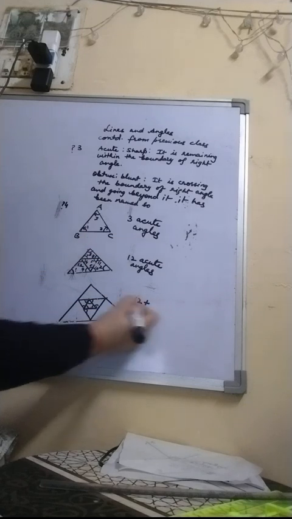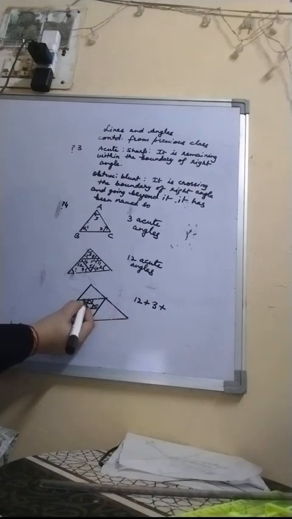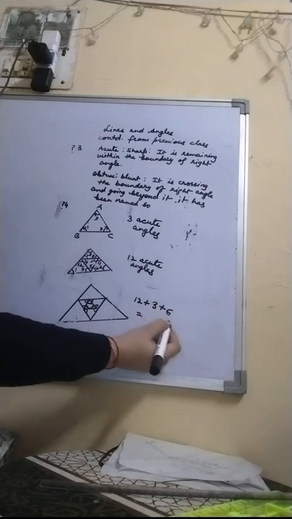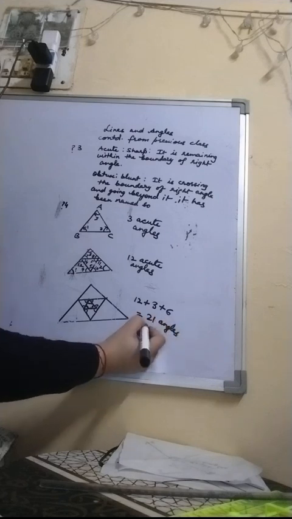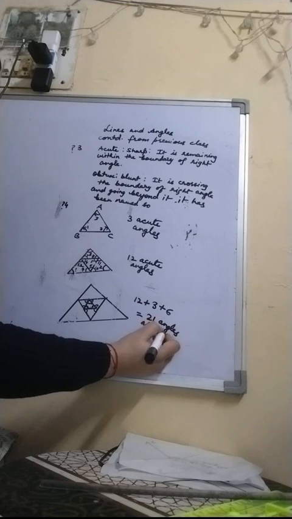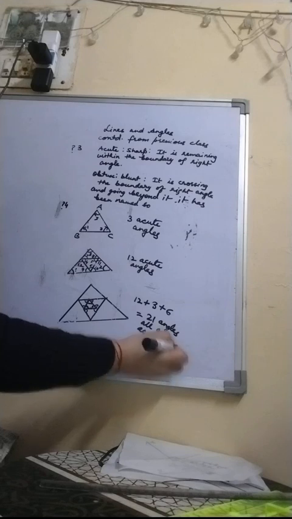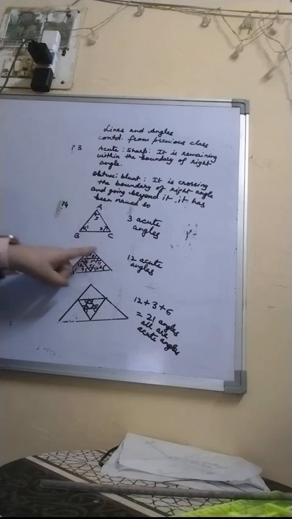So 12 plus 3 angles inside the triangle, plus there are 1, 2, 3, 4, 5, 6 angles here, so you get 21 angles, and all are acute angles. So you can take advantage of the previous figure. Here also we did 1, 2, 3 which was already there, and the rest we concluded the number of angles.